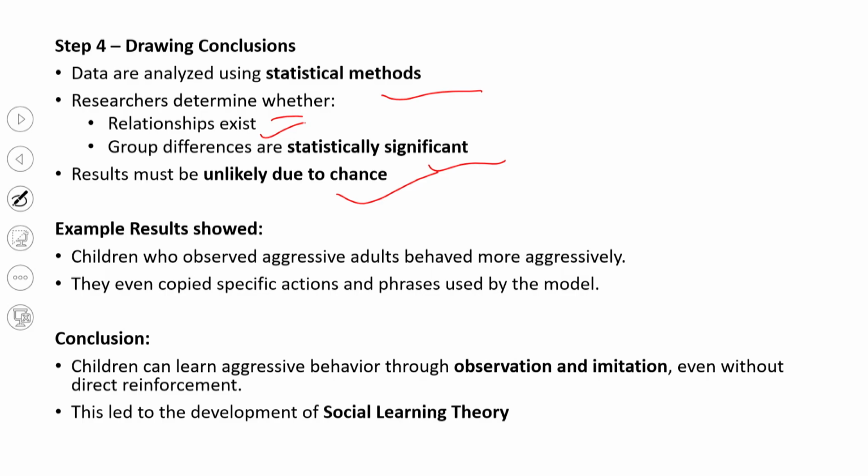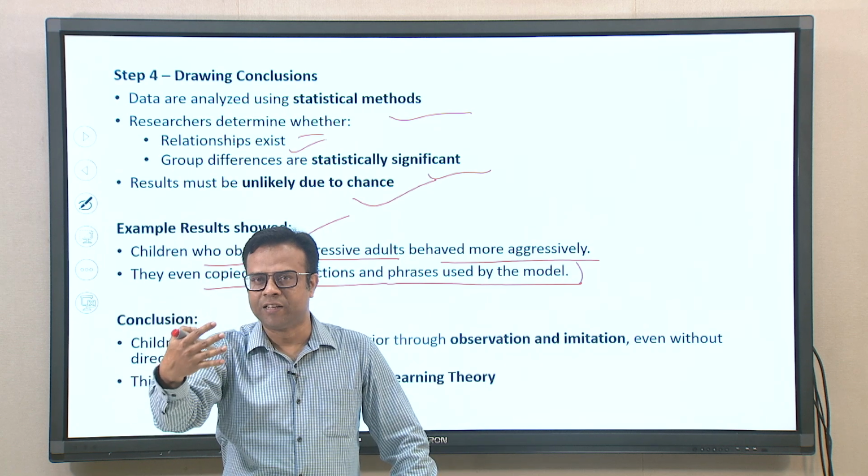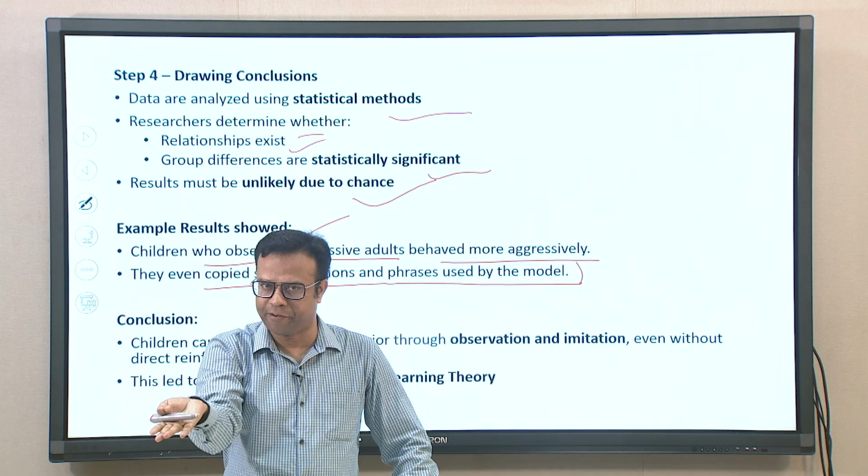In our earlier example, when they analyzed the data, they found that the children who observed aggressive adults in the clip behaved more aggressively in terms of all these actions and verbal behavior. They even copied specific actions and phrases used by the model, significantly more than the other group of children who did not see such aggression. So, it was very clear that when they observed adult models behaving aggressively, they also imitated the same behavior.